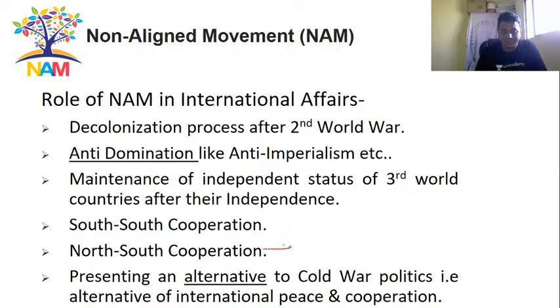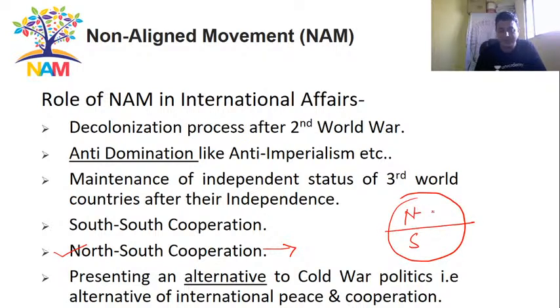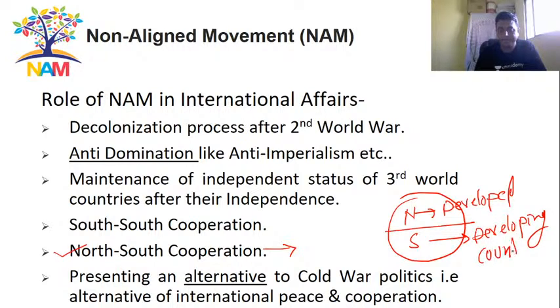North-South cooperation is also an important role played by NAM. When we mention South-South cooperation, it is cooperation between developing nations. North-South cooperation is basically between developed and developing countries.